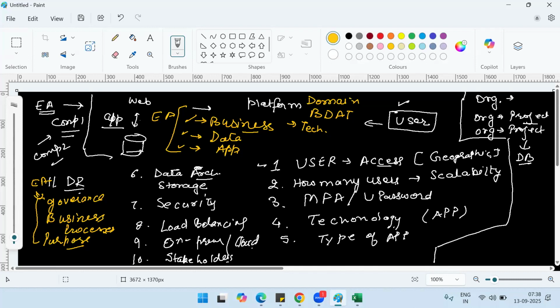Because if you provide a solution and the business does not allow it, for example you say I will spend $100,000, and the business says no, we have a budget of $50,000, and you are designing something for $100,000, that will not work. So you need to understand the business strategies, etc.